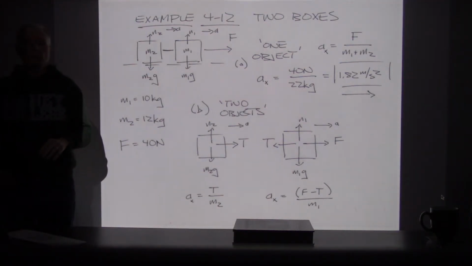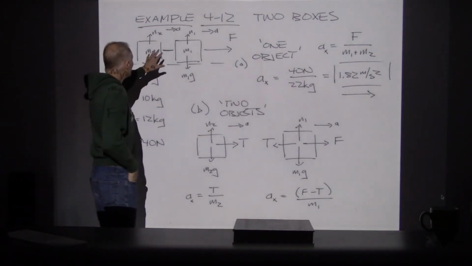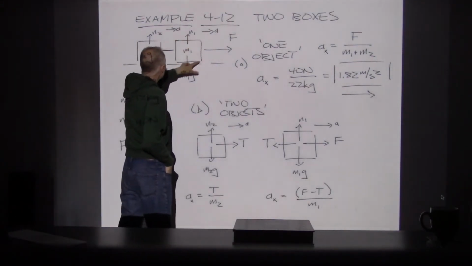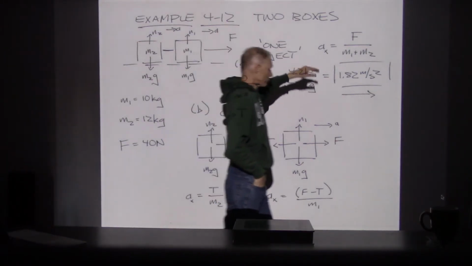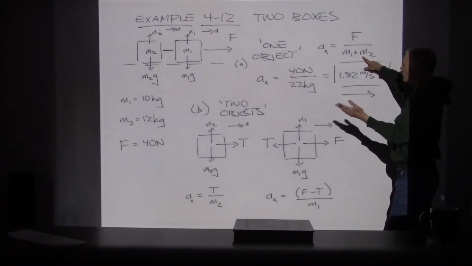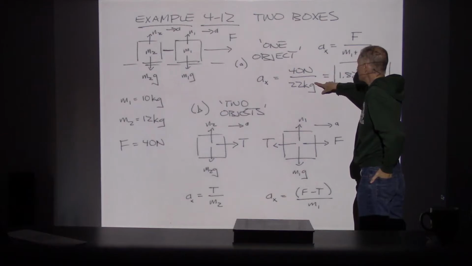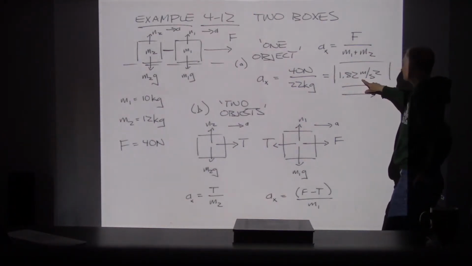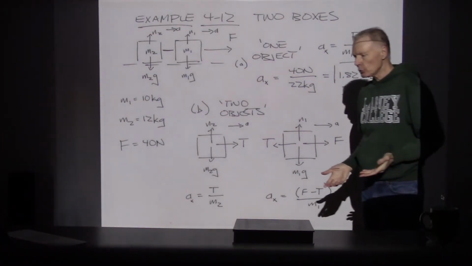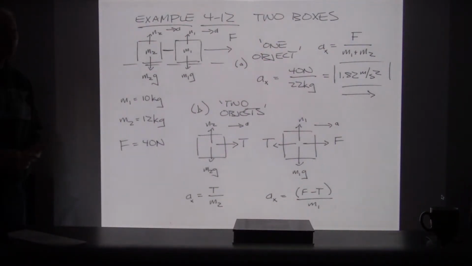If I'm treating this as one system, I don't have to include those internal forces, so they cancel out. For the inertia, we just combine their masses. So it's equivalent to a net force of 40 newtons acting on a mass of 22 kilograms, and the acceleration will then be 1.82 meters per second squared, and that's the acceleration for each of the boxes.